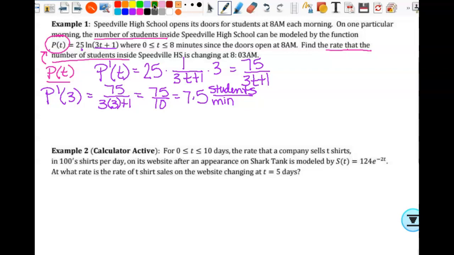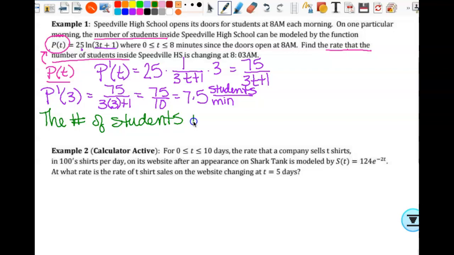So then we can say the number of students, and we want to make sure that sometimes it would say entering at this rate or what, this says inside. So the number of students inside, we're assuming they're entering somehow.